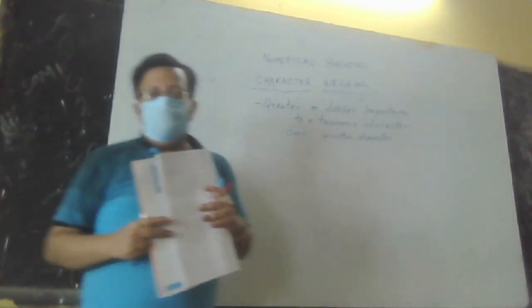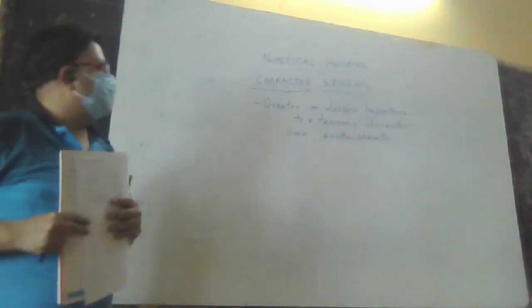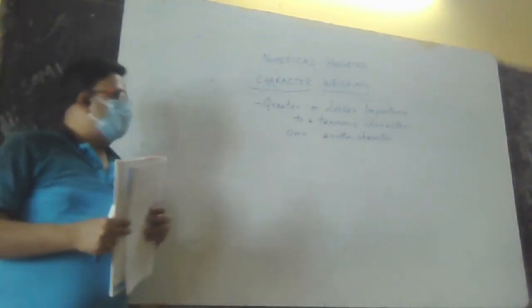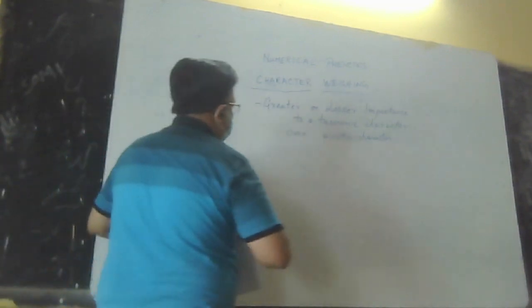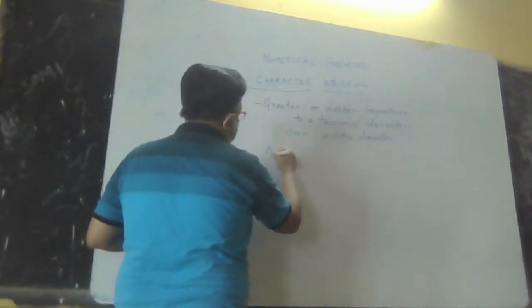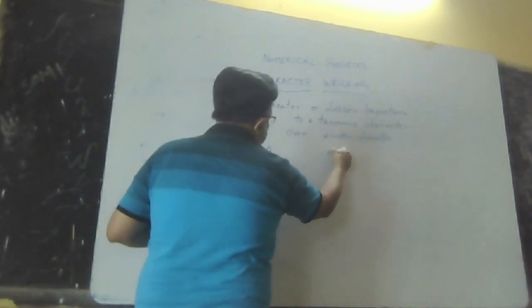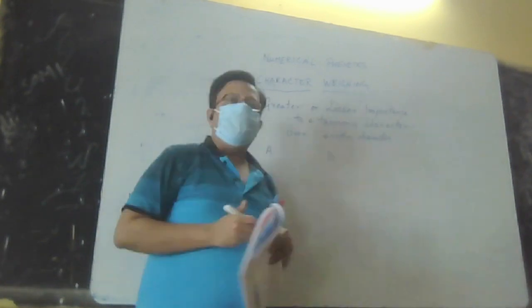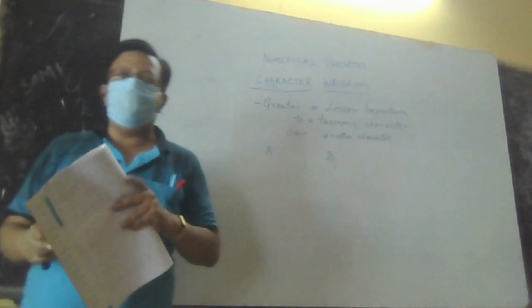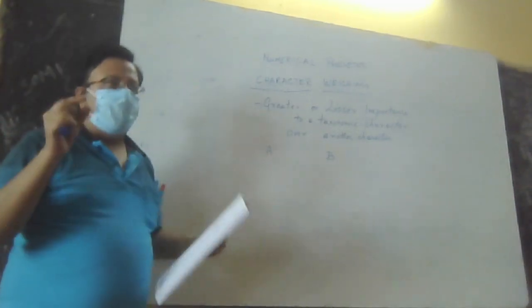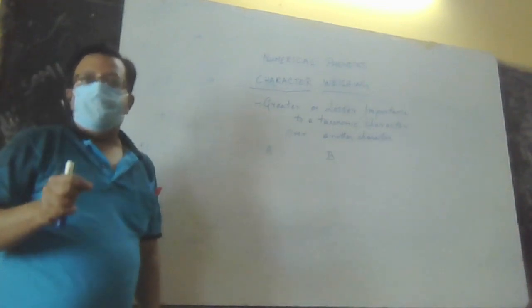So the philosophy behind it is that if there are two characters, one character is A and one character is B. A character can be a morphological character, behavioral character, anything. So you are giving one character more importance than another.